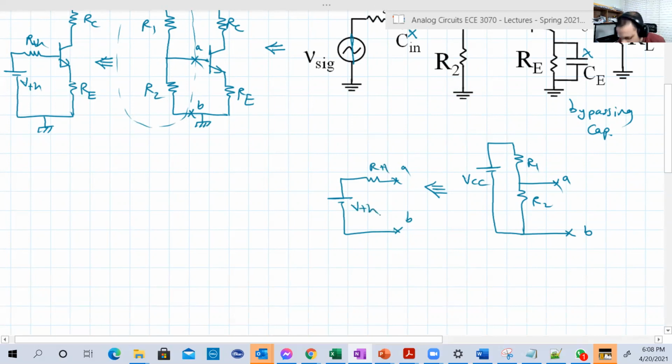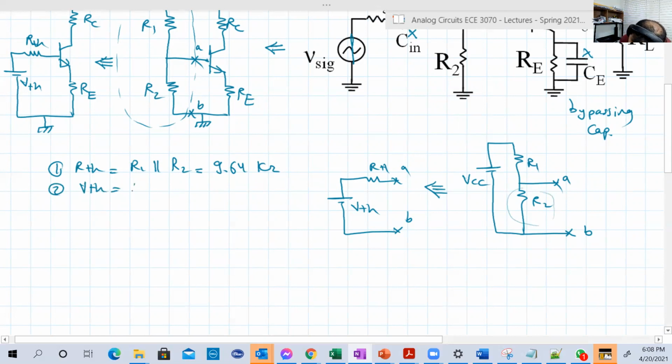We did this many times before, so just review the previous videos. We know that RTh will be R1 parallel with R2, so it's gonna be equal to 9.64 kilo ohms. And we know that VTh will be basically the voltage across R2, assuming A and B are open circuit.